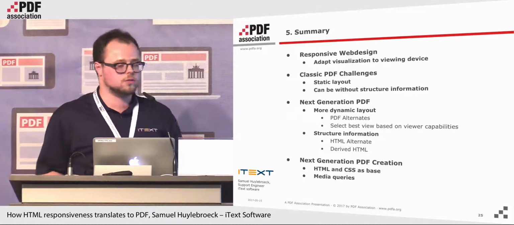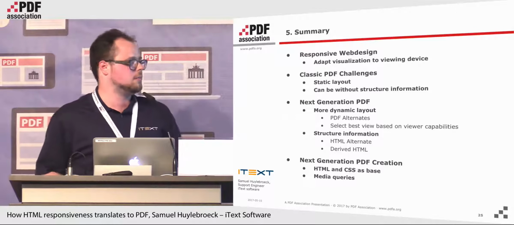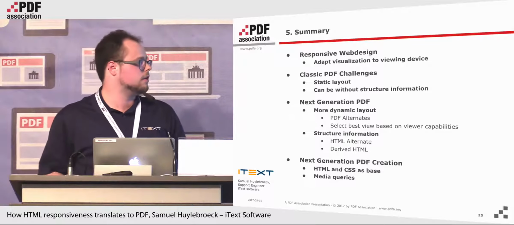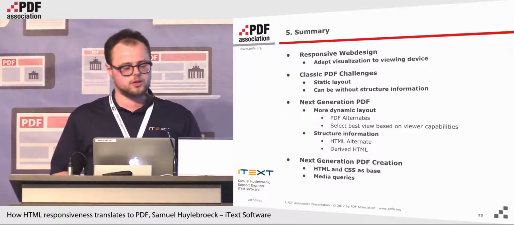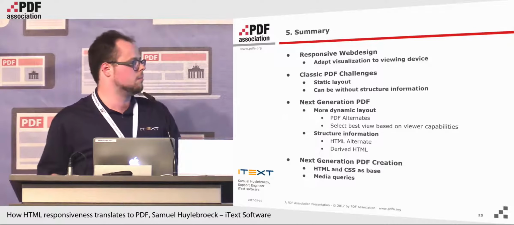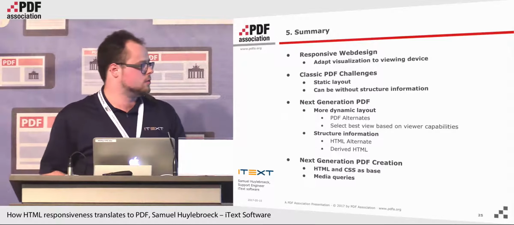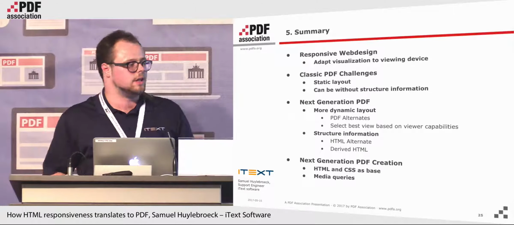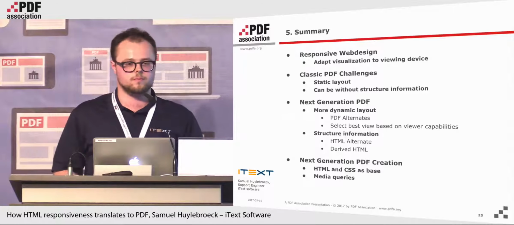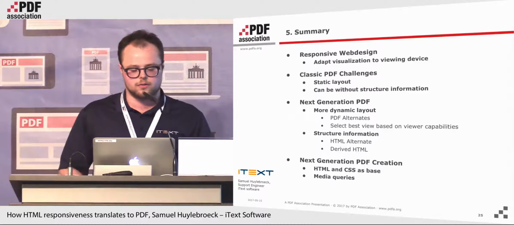Then we went over some concepts of next generation PDF, how next generation PDF aims to be a bit more responsive, to create a dynamic layout by using PDF alternates, and to also provide capabilities of selecting the best view based on viewer capabilities, and how you can use tagged PDF to introduce structure information, as well as the HTML alternate and derived HTML.